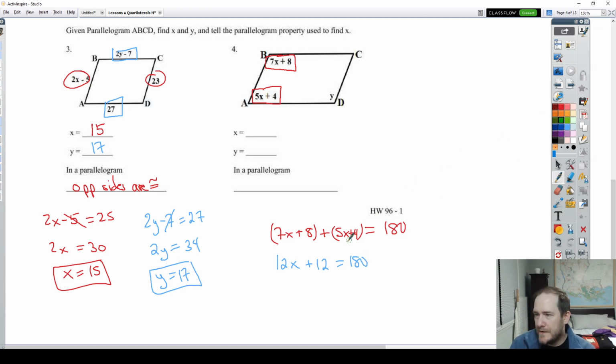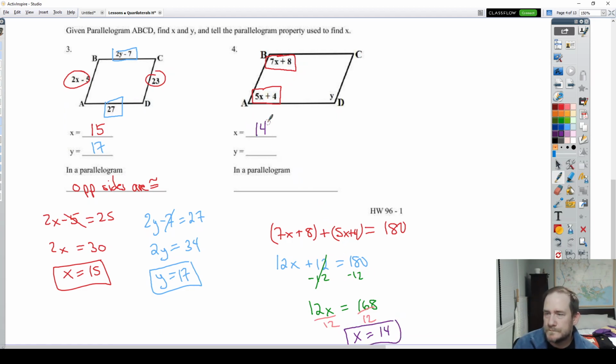So to solve now, you'll want to subtract away the 12, leaving a 12x that equals 168. Then you can divide by the 12 and get 14.